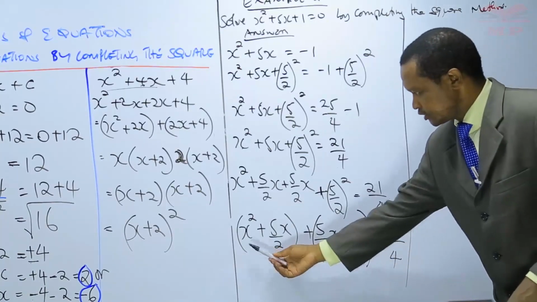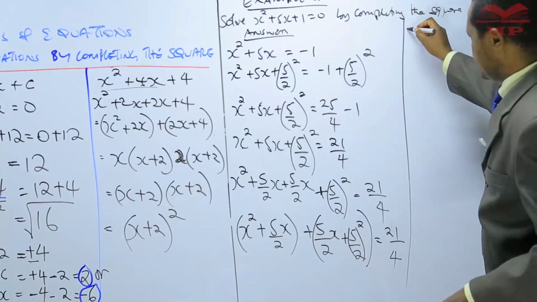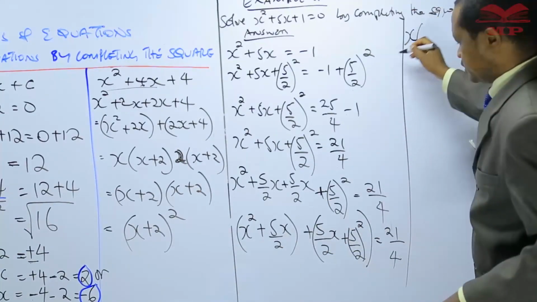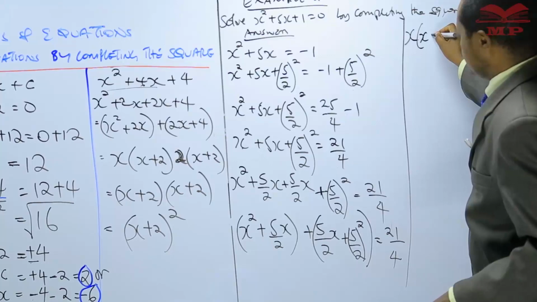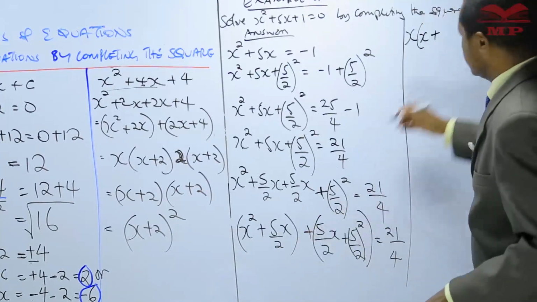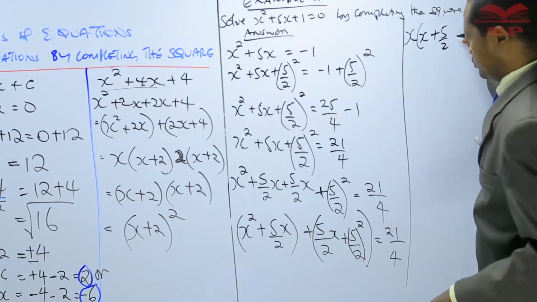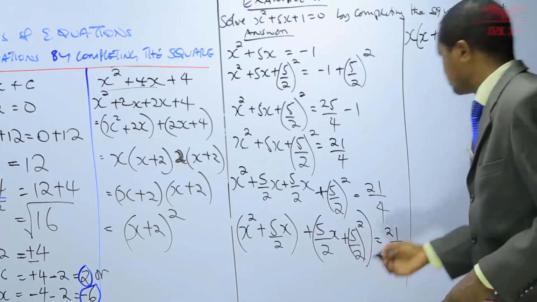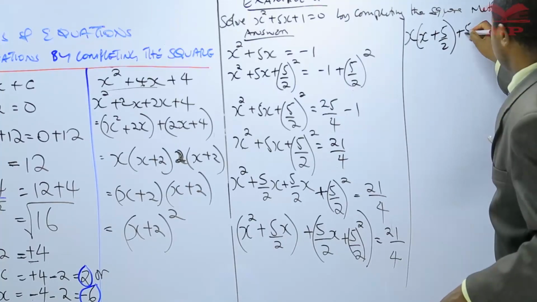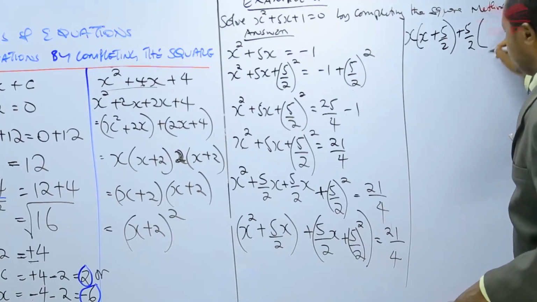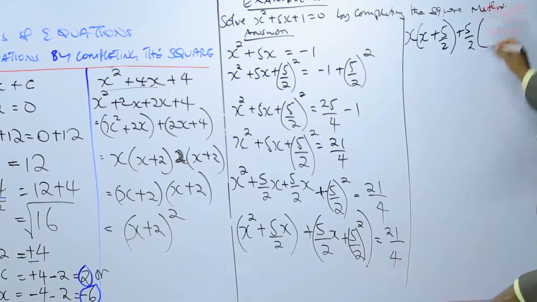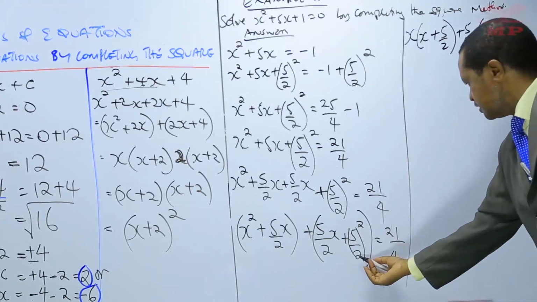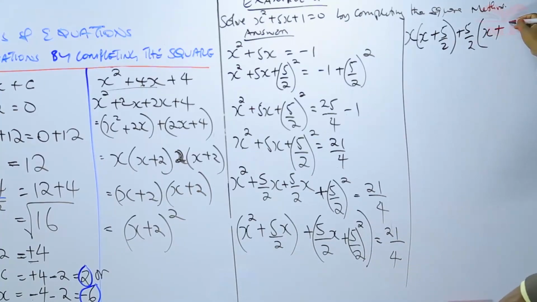You can see here x is common. We take it out: x into x plus 5 over 2. Next, 5 over 2 is common: plus 5 over 2 into x plus 5 over 2.